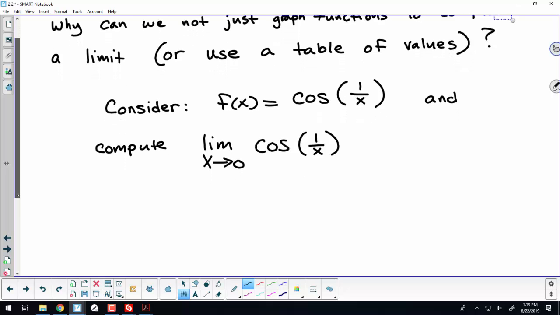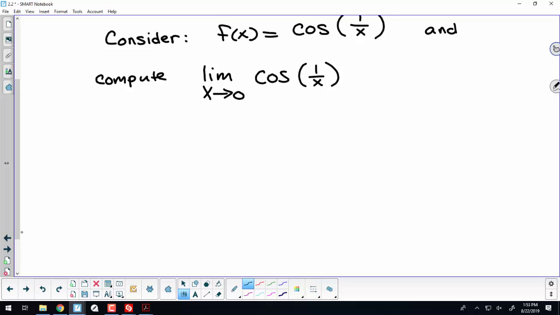So instead, let's first take a look at a table of values to see if we can conclude anything for this limit. So first, we'll do a table of values. And remember, make sure your calculator is in radians.